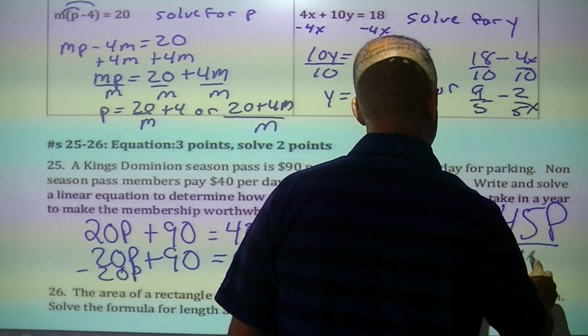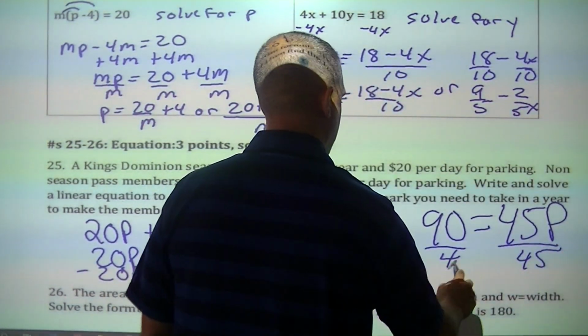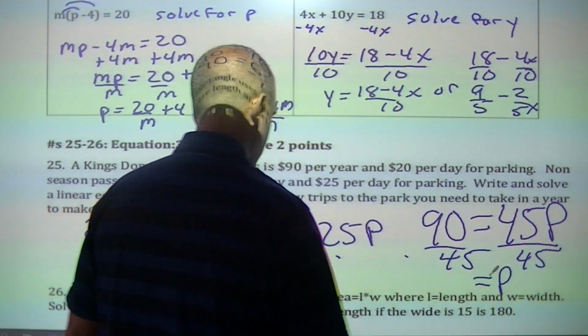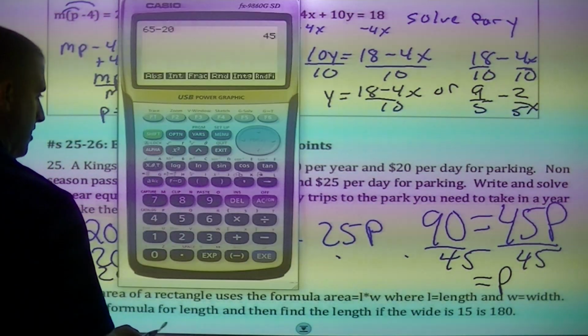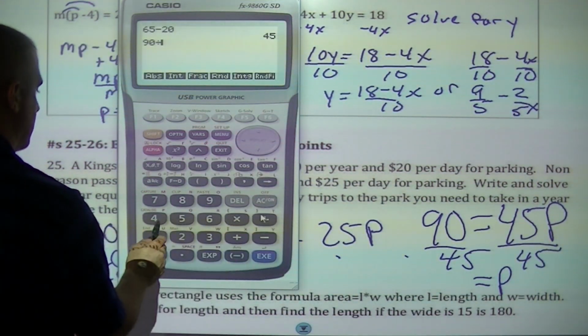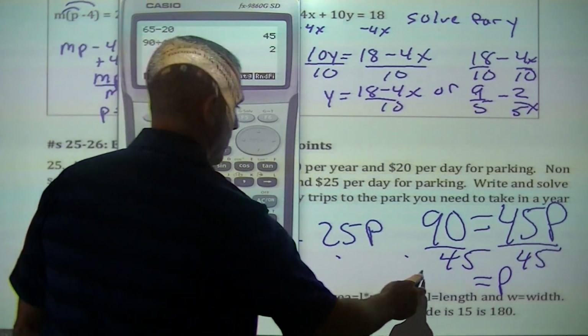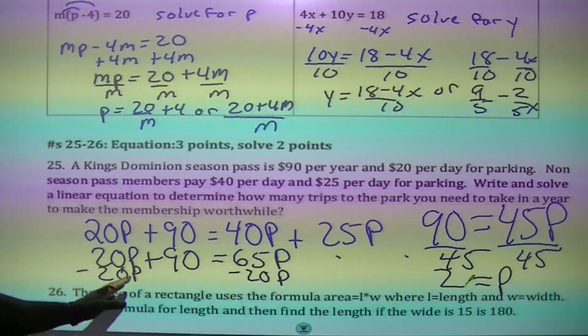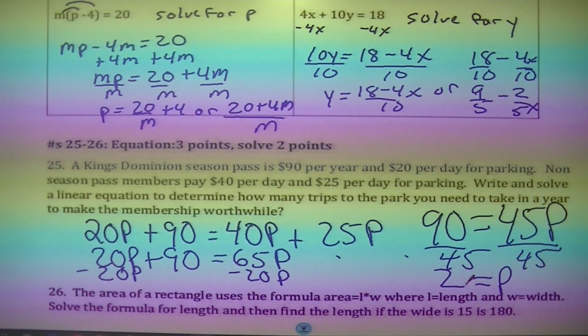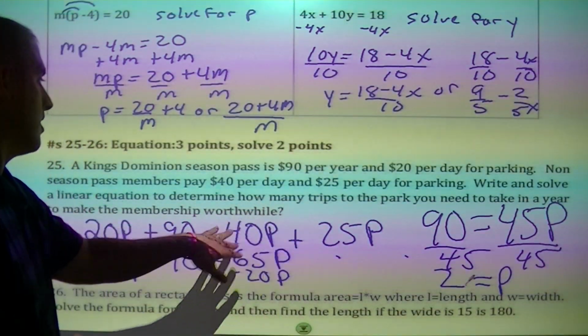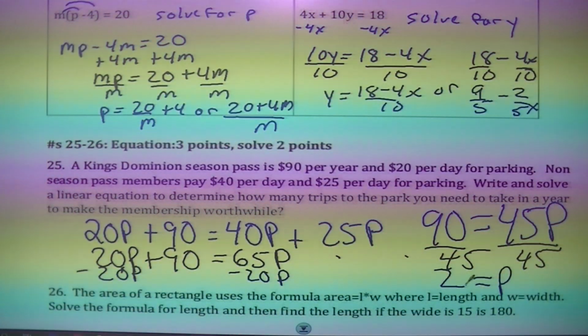Now I have to divide by 45. Okay. 90 divided by 45 is 2. So as you can see, it would take 2 trips to the park to pay for a membership.